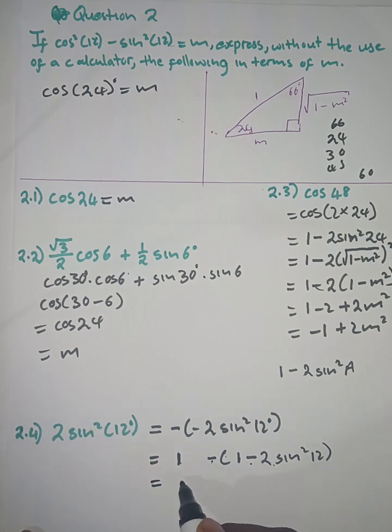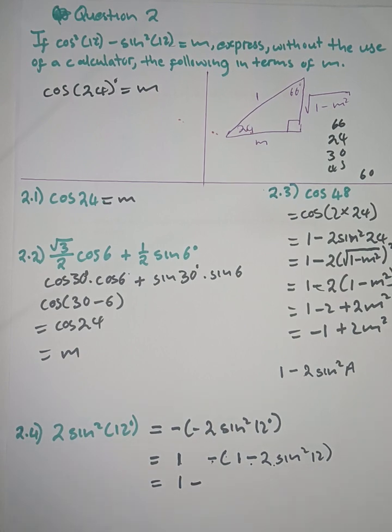So in this case this would be 1 minus, of course, this would be the double angle for cos, so this would be cos of 24.